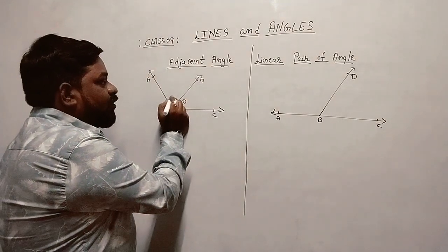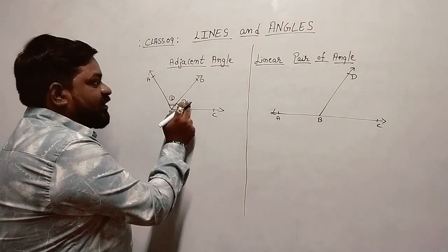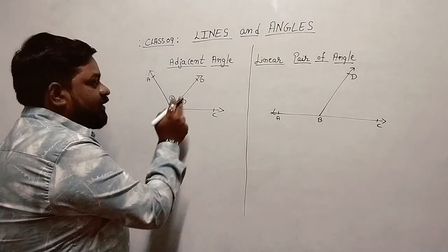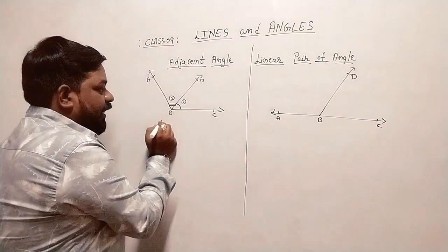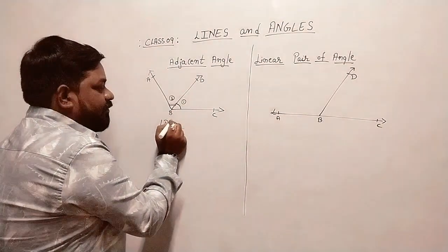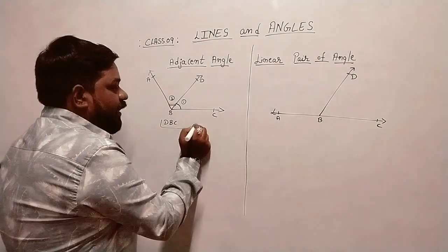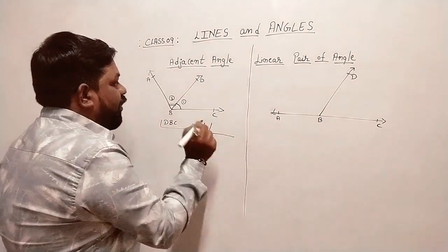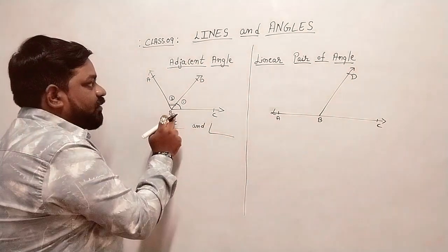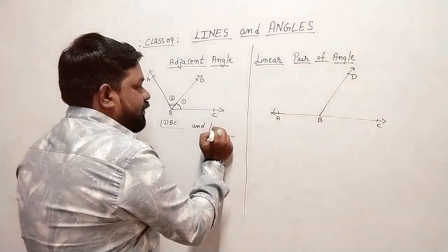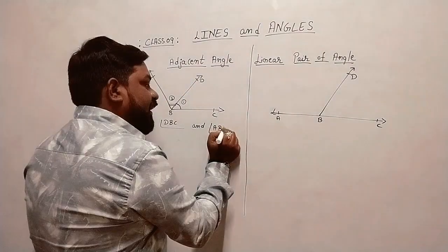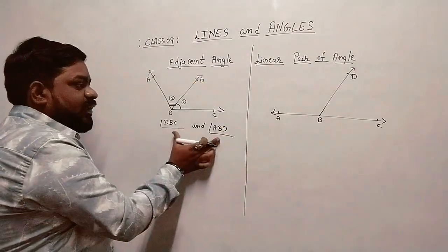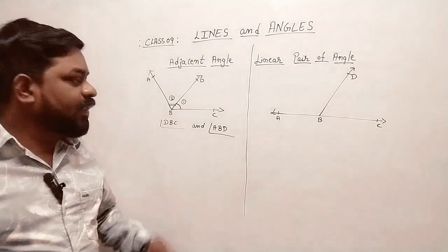We have two angles. The first angle is named DBC, angle DBC, and you can see one more angle, that is ABD, A, B and D. These are the two angles.